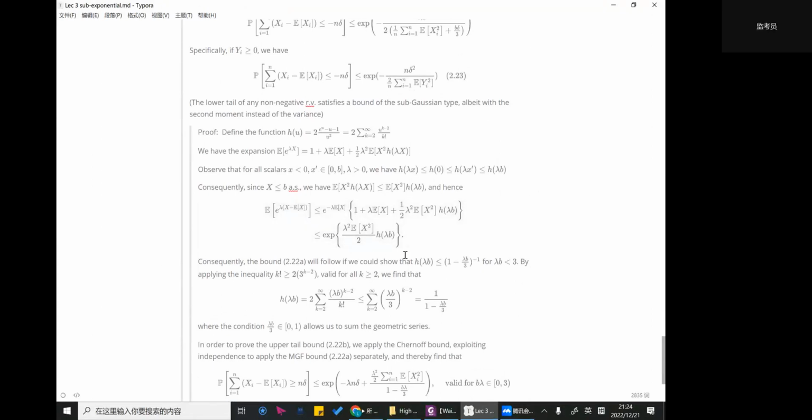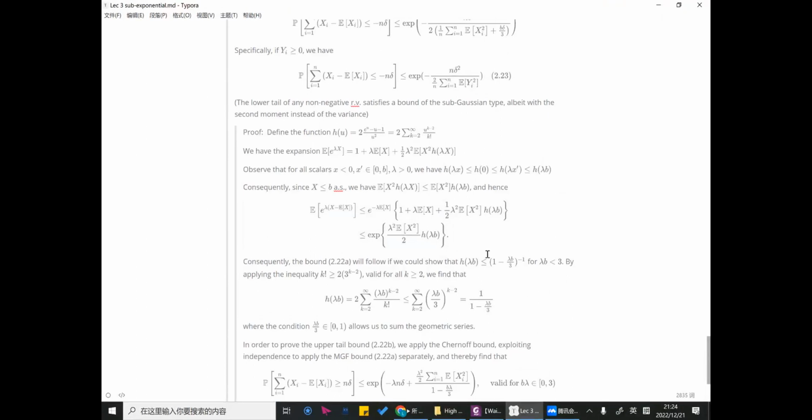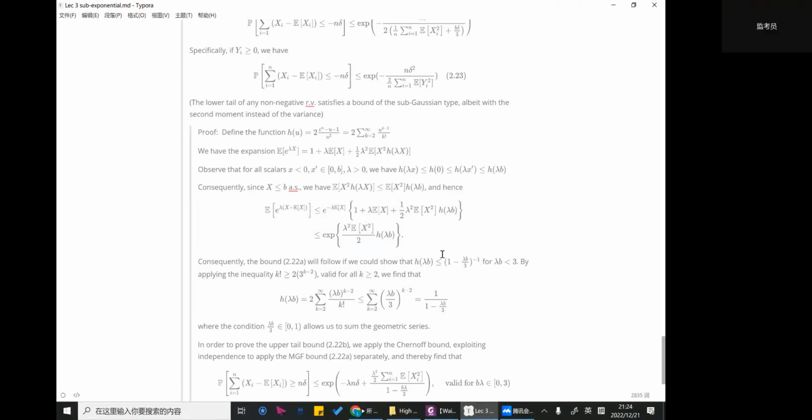This comes from another inequality, I guess. 1 plus x is less than e to the x, right? Yeah, it's another inequality applied here. 1 plus this is no larger than e to the power lambda x plus this.